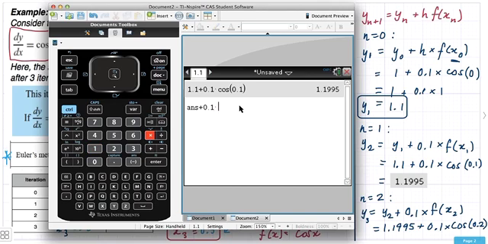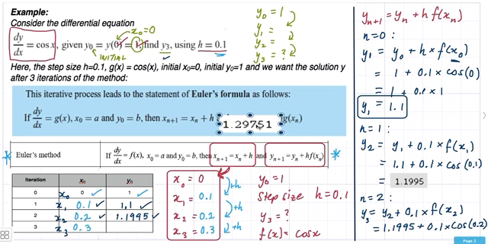And this is why the calculator is really good, because you can actually program it to do this method over and over and over again, as many times as you want. And I've got that answer, 1.29751. Okay, so I'm going to put that here at the bottom, see if it fits. Just fits. Okay, so that is going to be my answer here.